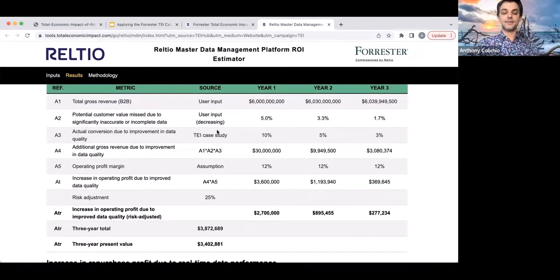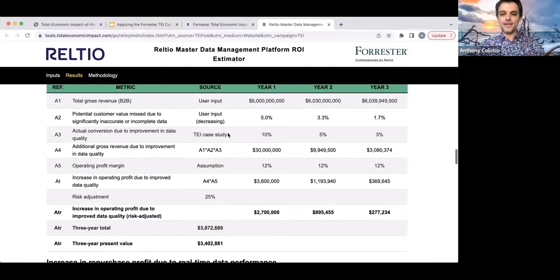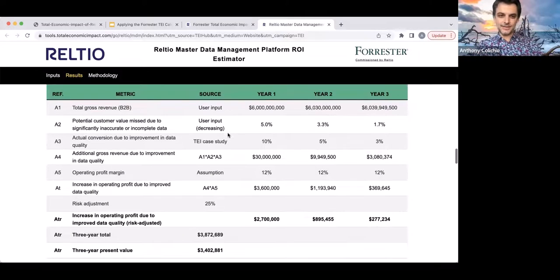It's the breakdown. So it's like, you told us that you make, what is it, 6 billion. Your potential customer value missed by the 5%, you said. The actual conversion due to the 10%. The additional gross revenue would be this. And how I read this is the metric, easy enough, that's the value.